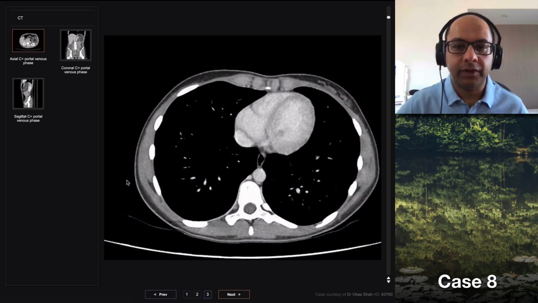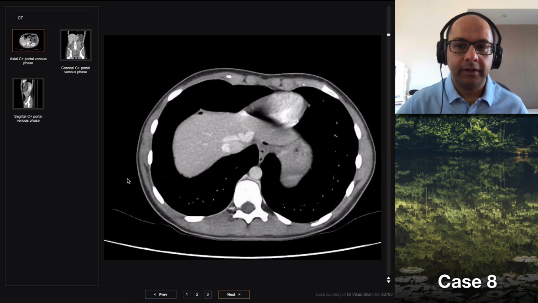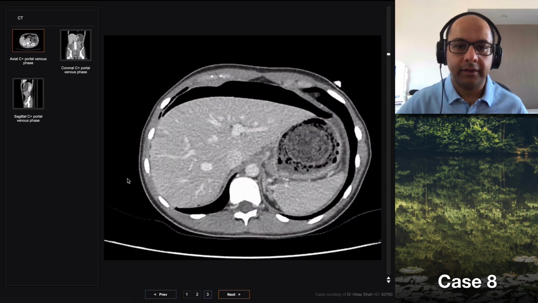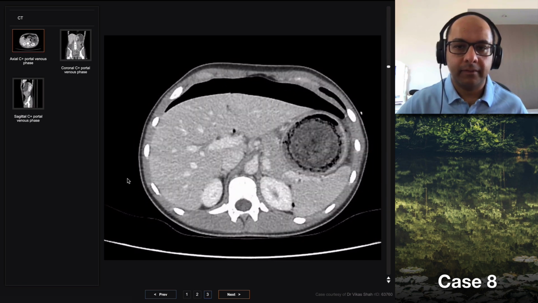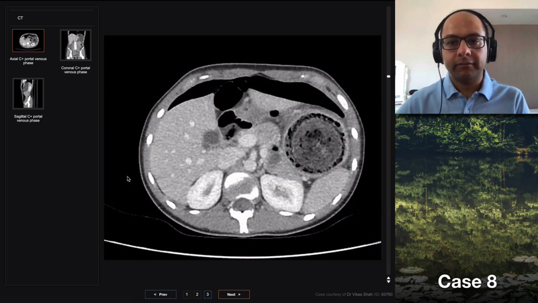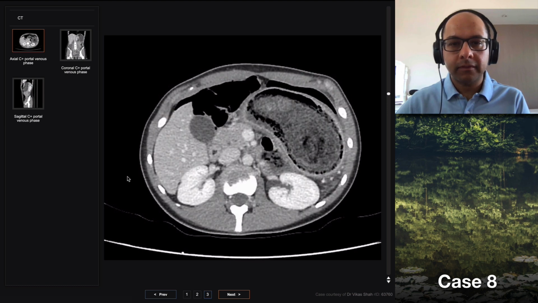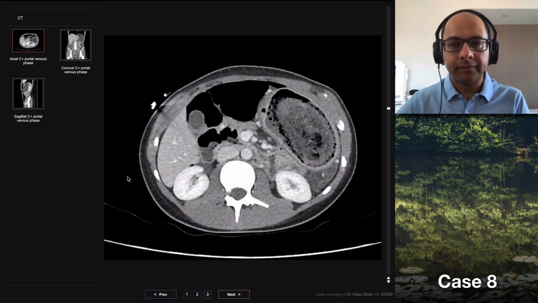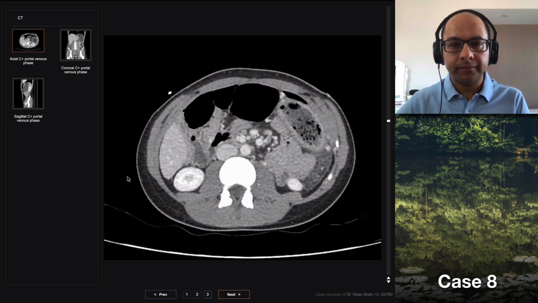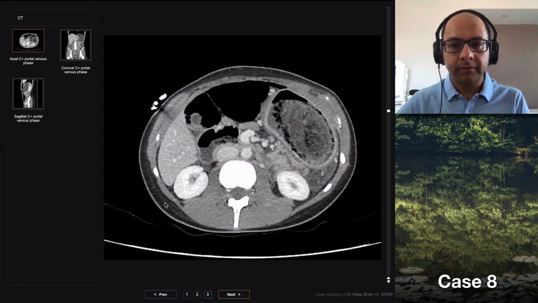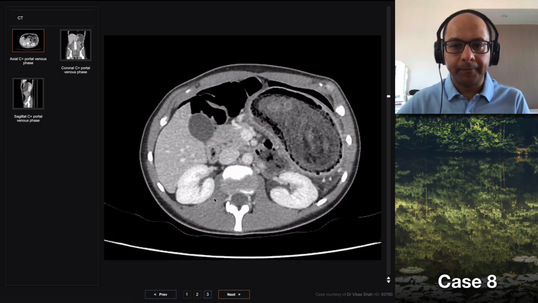Why don't you talk us through what you see here? As we scroll through the CT, we can see that there's pneumoperitoneum mostly in the upper abdomen. And I think there's some in the stomach wall as well.